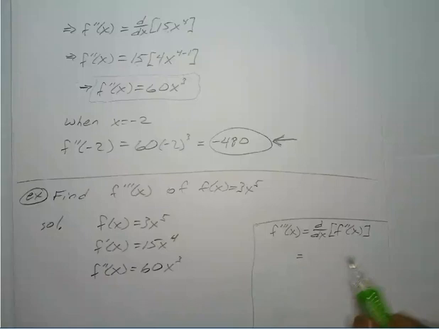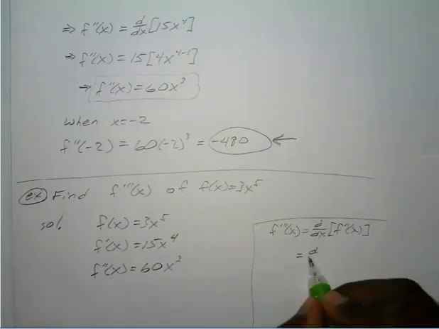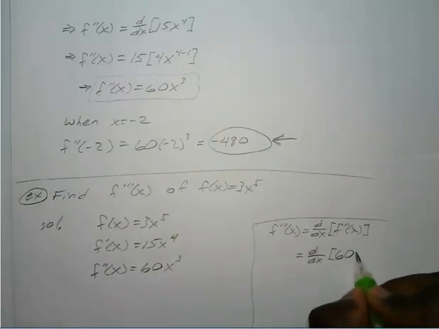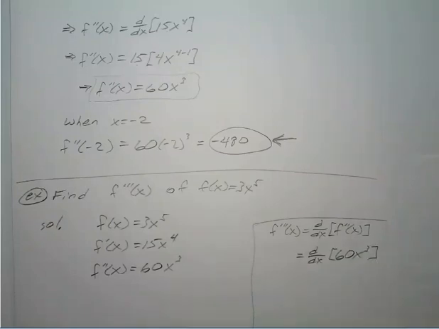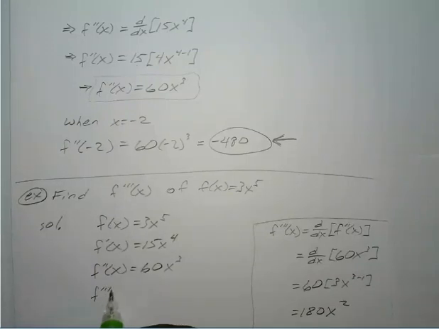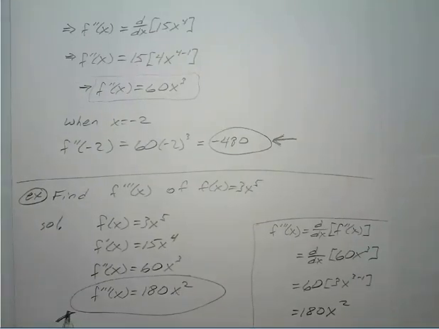Okay, so that's going to equal the derivative of 60x to the third power, which is equal to, if we bring down the 3, 60 times 3x to the 3 minus 1 power, or it's equal to 180x squared. Okay, so our third derivative is equal to 180x squared. And that would be your final answer.